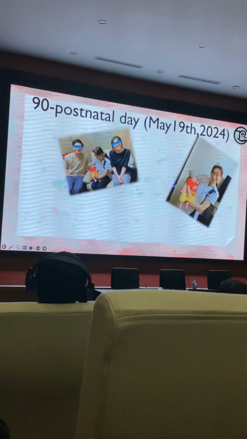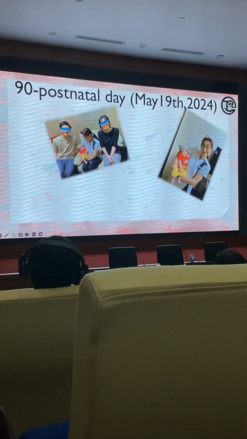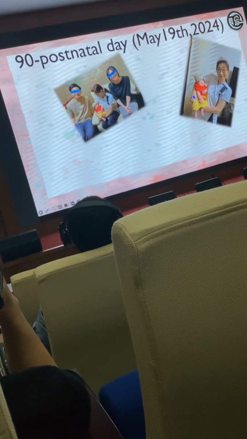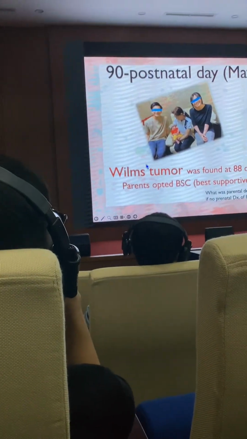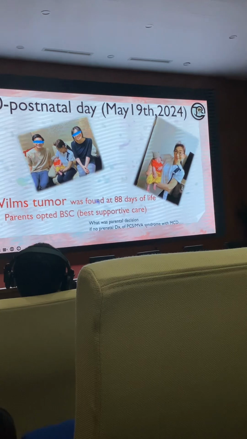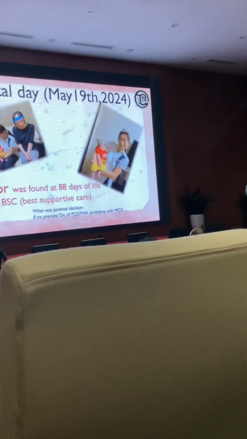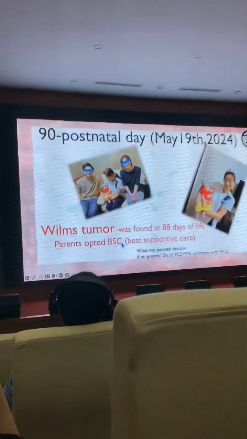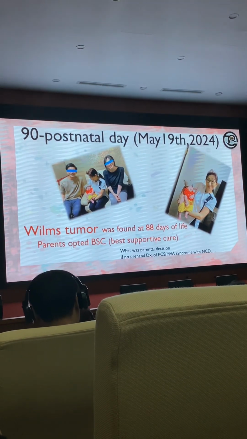However, at 90 postnatal days, May 19th this year, this is the 3 months, at that time they came to me, and I was very happy to see them. However, Wilms tumor was found 2 days before, and parents opted for the best supportive care, no chemotherapy and no medical treatment.